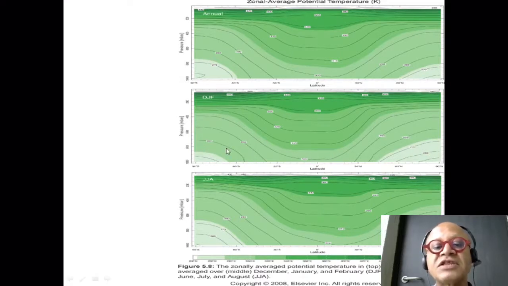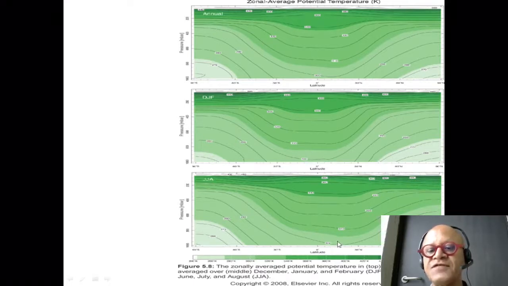So you can see, for example, this 290 contour here, which is at about 35 south, but in the JJA months it comes closer, more to like 25 south, because the sun has moved into the northern hemisphere during JJA. So the southern hemisphere is having its winter, and the entire structure shifts.